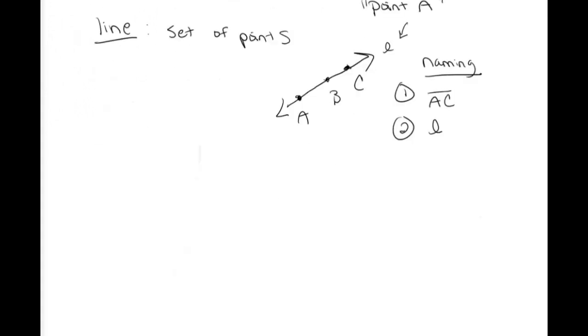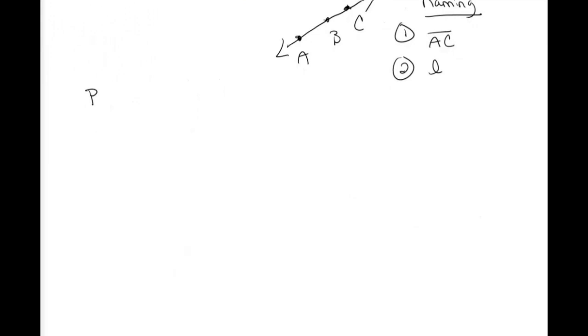Okay? And then one other thing, several lines together make a plane. So a plane contains many points. And this is going to be my abbreviation for points in this course. So in your notes, feel free to abbreviate as long as you can read them. That's really all that matters.